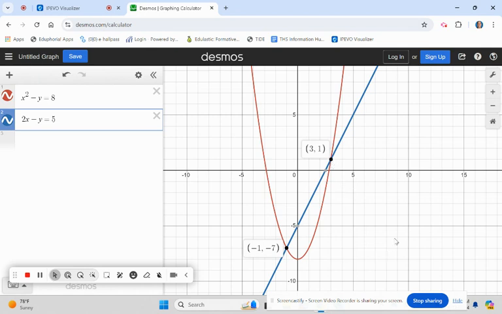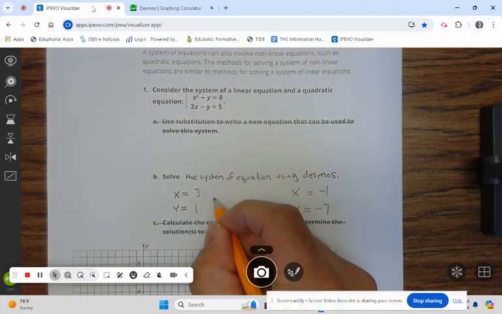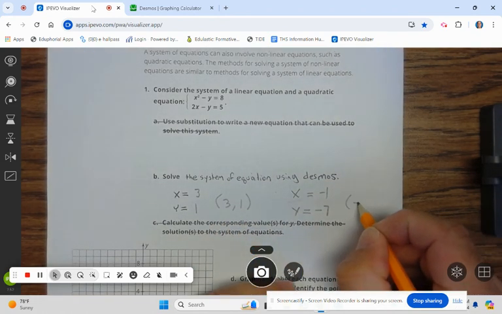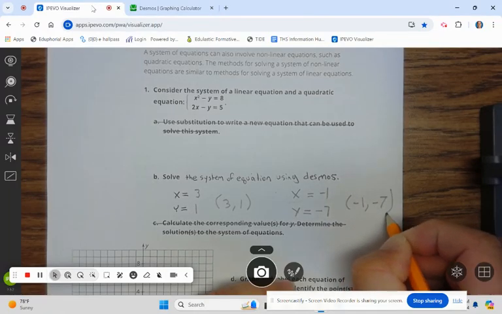So x equals 3, y equals 1, and x equals -1, and y equals -7. Which this can be written as 3, 1, and this can be written as -1, -7.